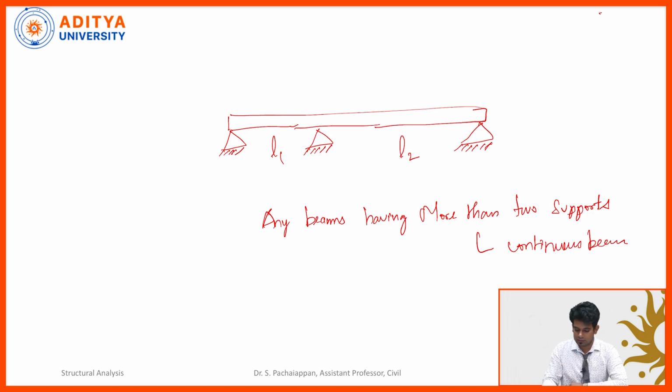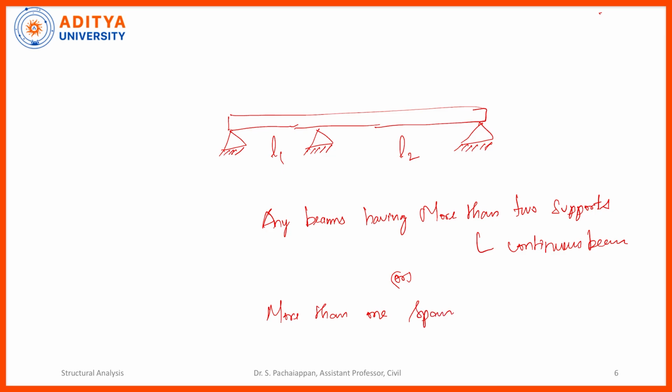In other words, any beam having more than 1 span is also called a continuous beam. So it's very simple.